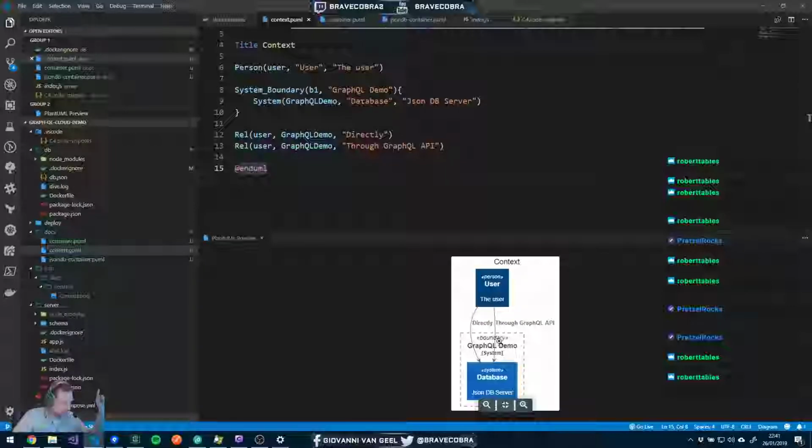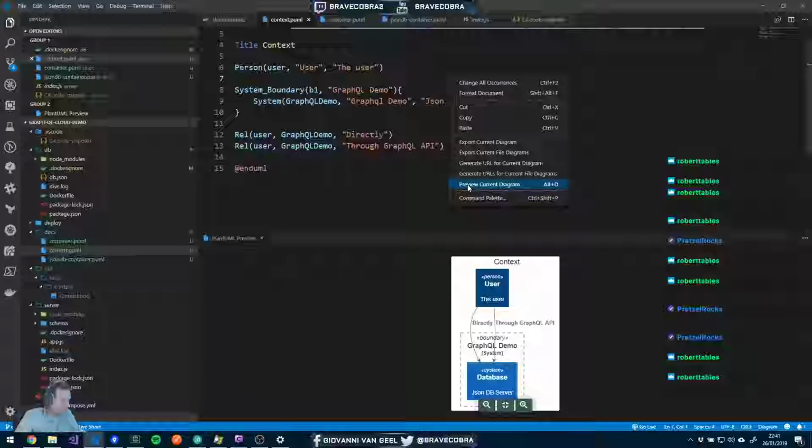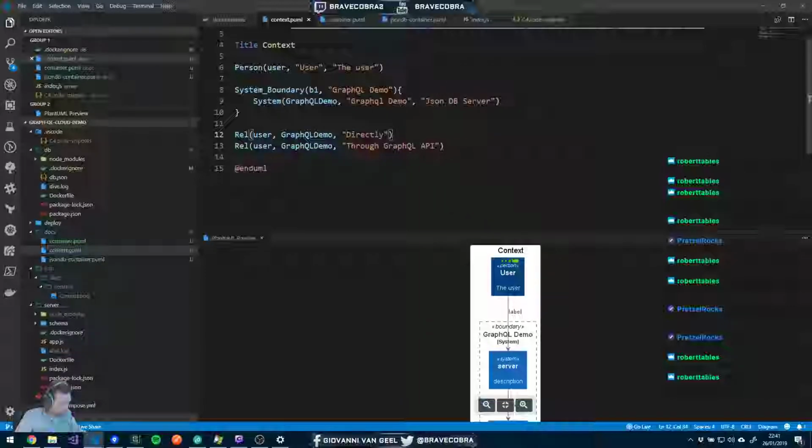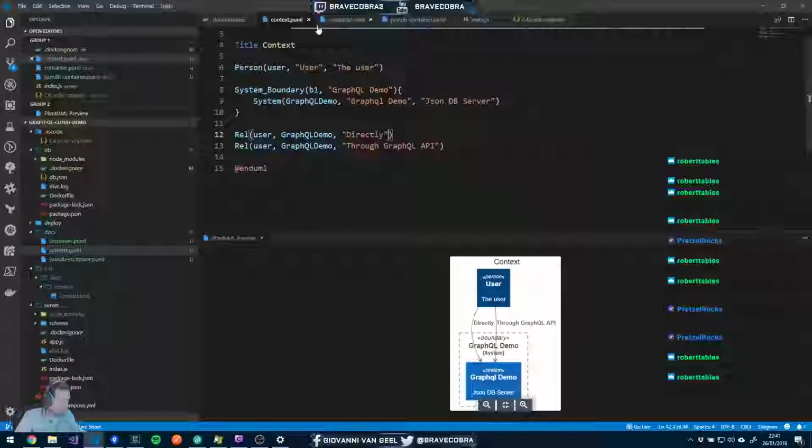So let's have a look. So you have the user system in two different ways. Shouldn't we call it GraphQL demo, right? Okay. Preview. Yeah.